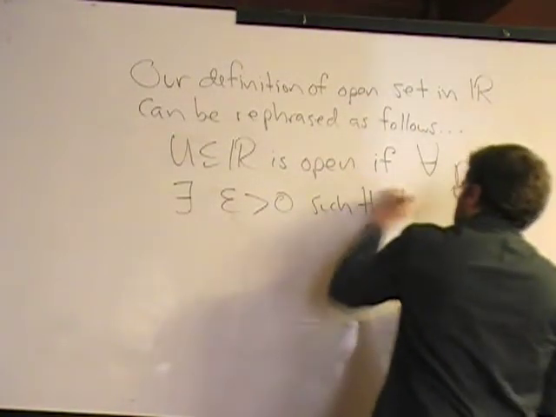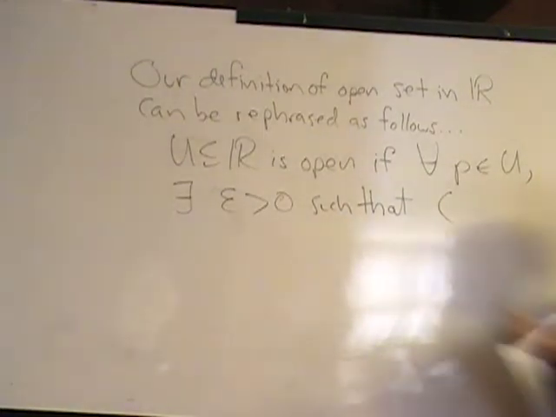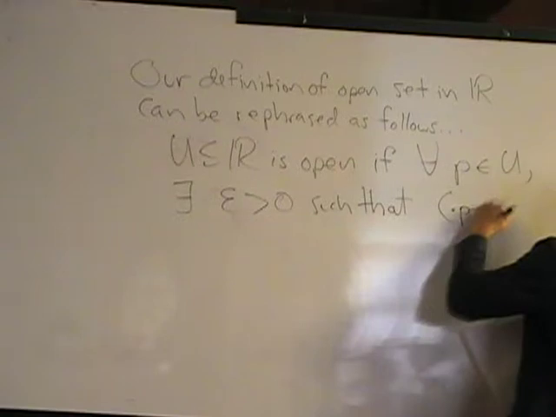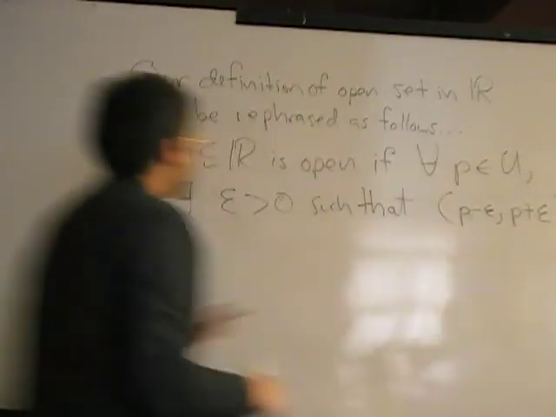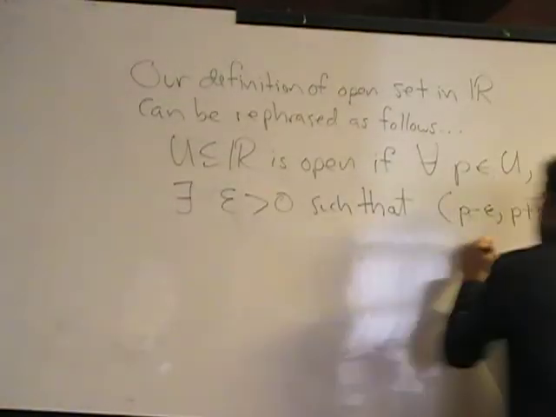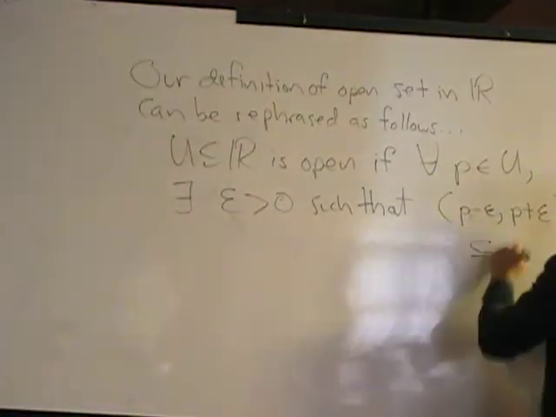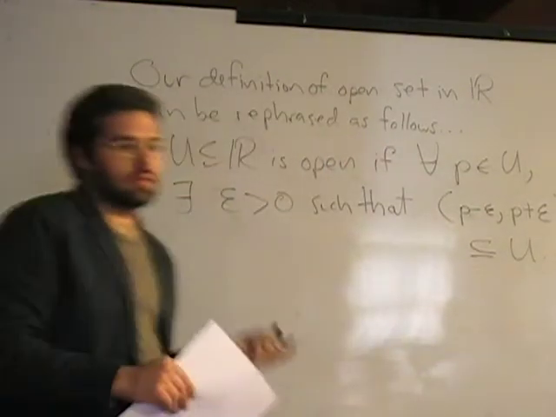such that, but instead of talking about absolute value and distance, you can just refer to the specific open interval, which is P minus epsilon to P plus epsilon, which has been appearing in our pictures, such that this interval here, now this uses the idea of subset, is a subset of the set U. So not difficult to see why that's saying the same thing.